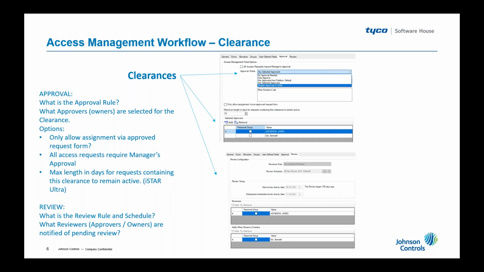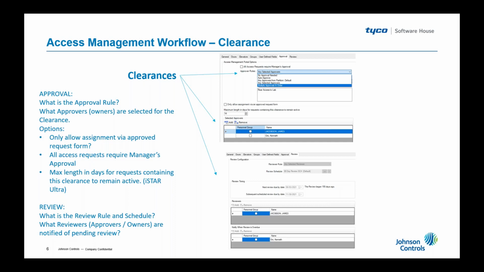And then we have any approver tied to a partition. We have any selected approver, a list of specific people that manage that area. And then we have a review tab, which allows us to configure a reviewer rule and set a recurring schedule so that specific approvers or reviewers are notified every, let's say, 90 days that they need to log into the portal and review that clearance.